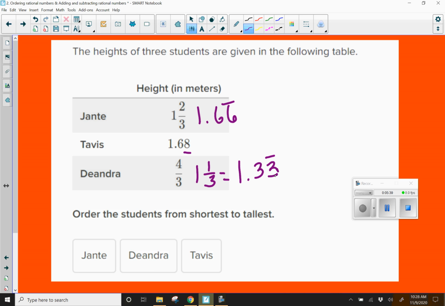So we're going to take that out 2 places as well. So clearly the smallest out of the 3, or the shortest, would be Deandra. After Deandra would be Jonte. And then the tallest out of the 3 would be Tathis.